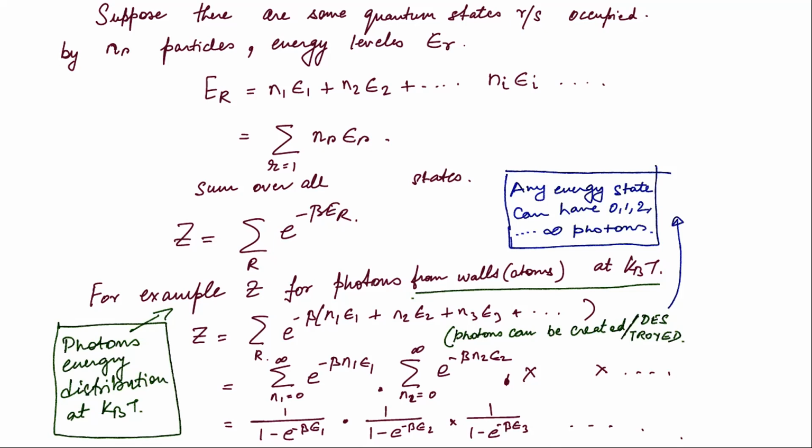Now, the partition function is a sum over different microstates, and different microstates correspond to different combinations of the values of n1, n2, n3, n4. But the total number of particles has to be conserved in most cases, except for photons, because photons can be created.